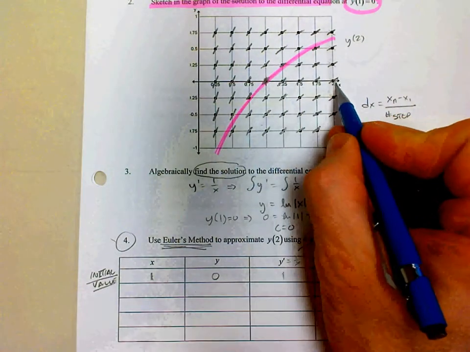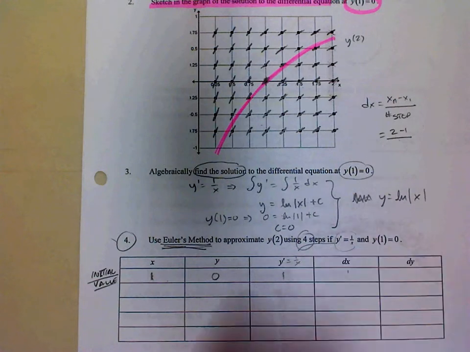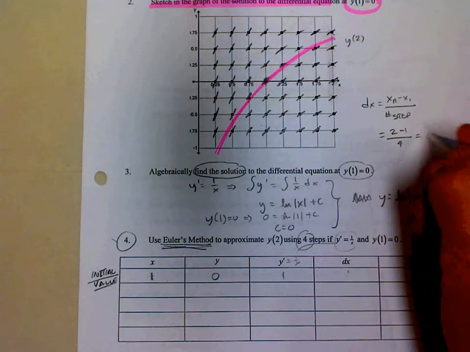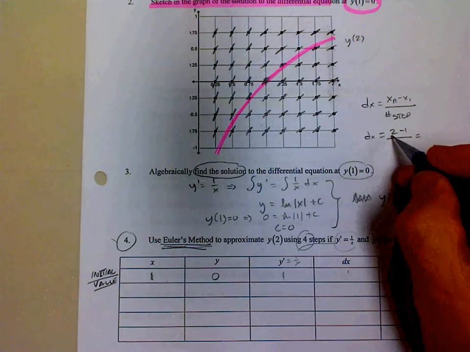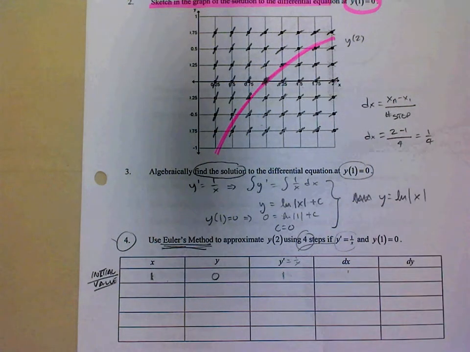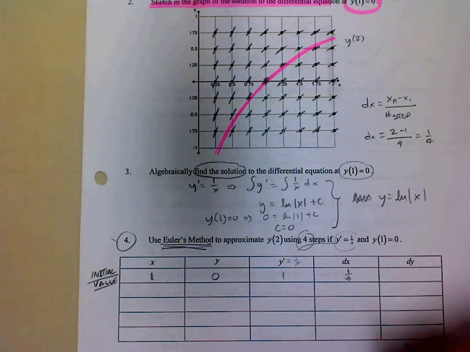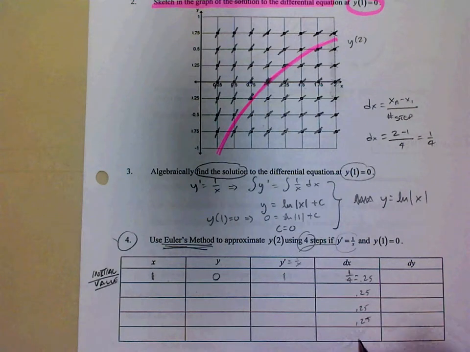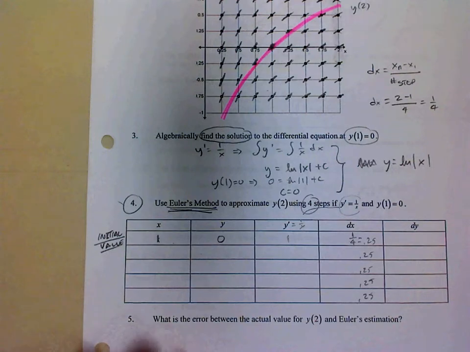So we've got 2 minus 1, and they said let's do this in 4 steps, which means our dx, or delta x, is simply 1/4, or 0.25. It's the same for all of these. dx is not going to change.